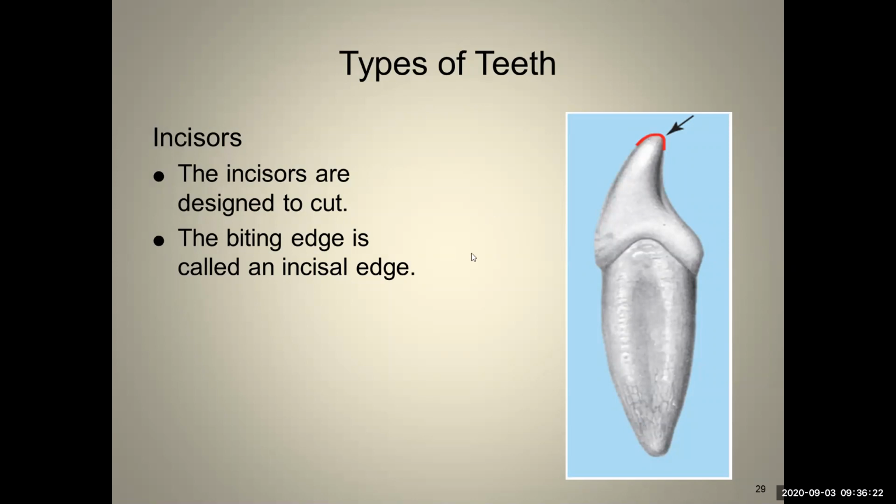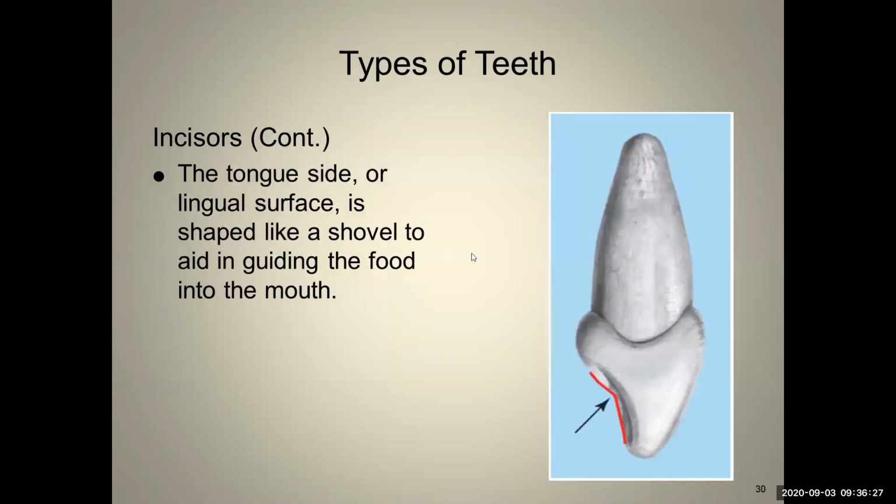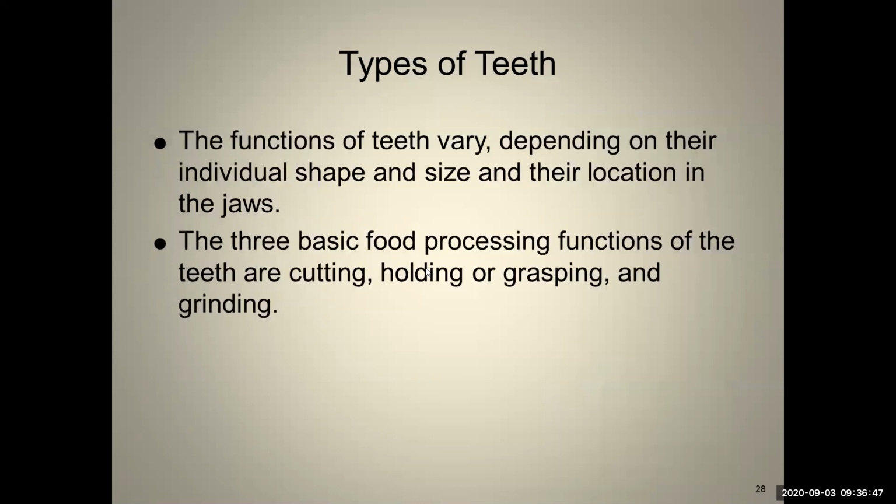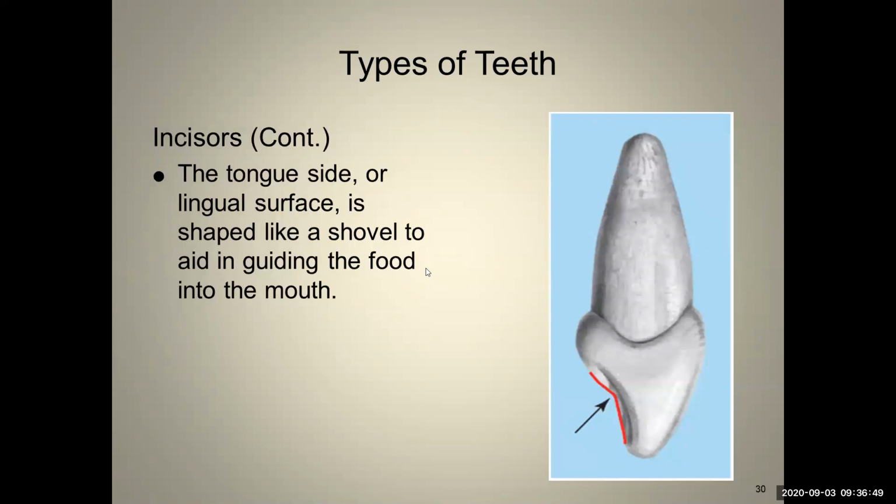Think about trying to eat an apple. On the tongue surface, the lingual surface of the tooth, it's shaped like a shovel to aid in guiding the food in the mouth. So this is the shovel here, for a mandibular and for a maxillary, guides the food in the mouth.